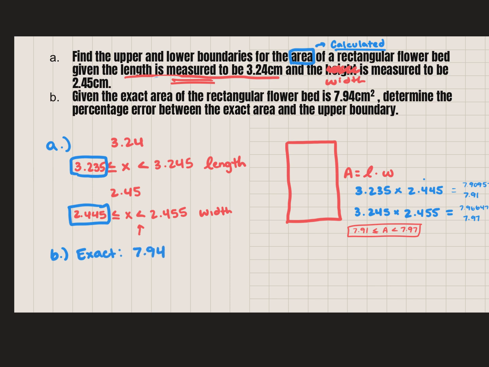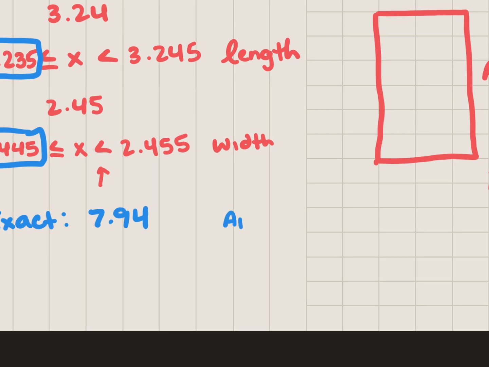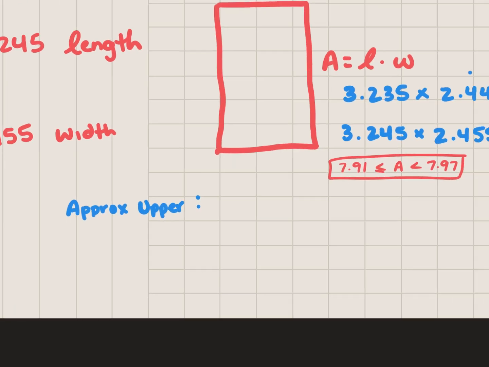Determine the percent error between the exact value and the upper boundary that we found in part A. Okay, so our upper boundary was 7.97. But you want to be really careful here because when you go and use a value from a previous answer, you always want to use something that was unrounded.